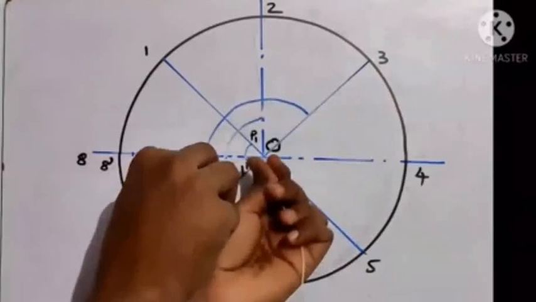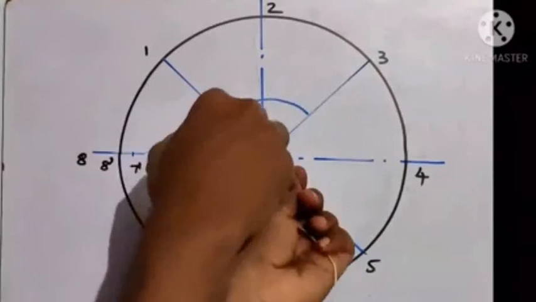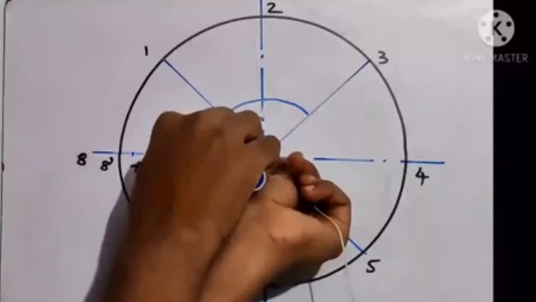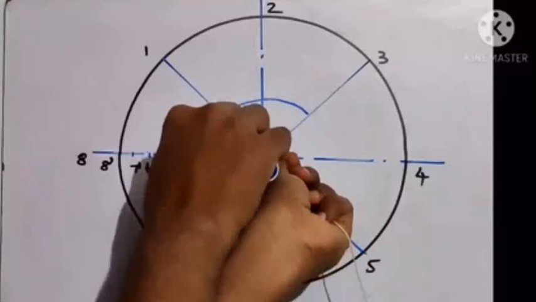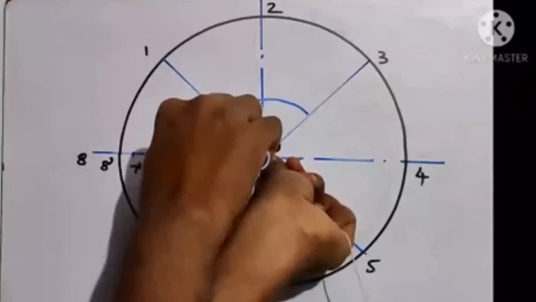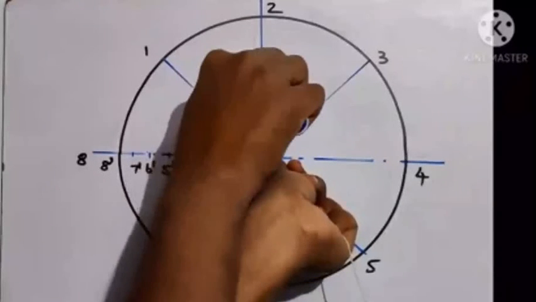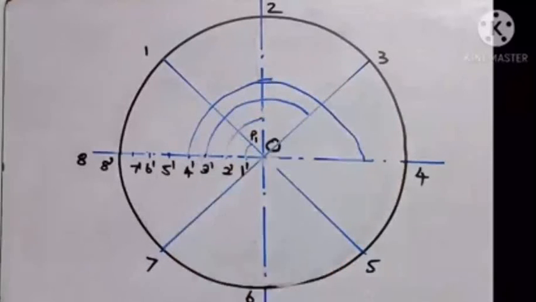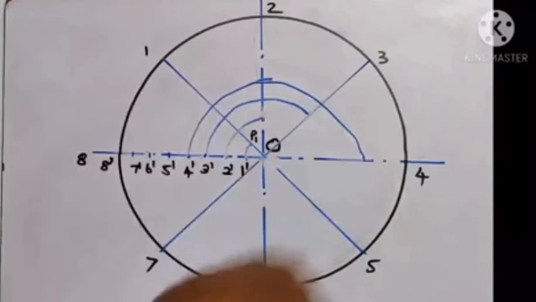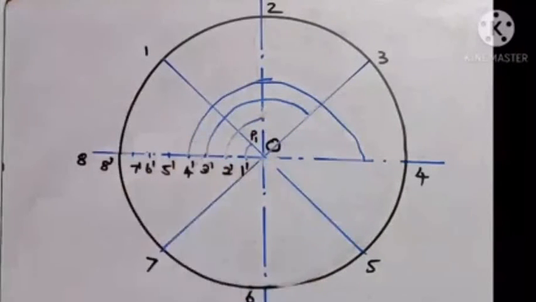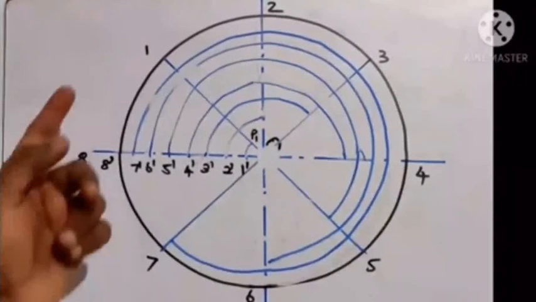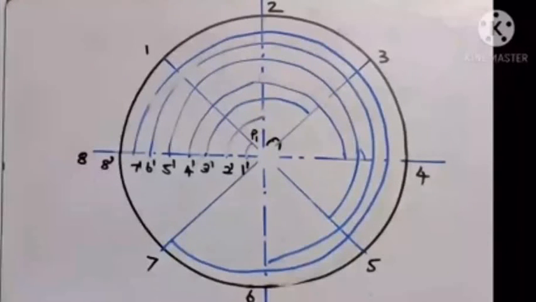Similarly, I take O to 4 dash as the radius and make an arc till the O4 line. Similarly I'm going to do it for the other points. So look at this, I have made all the arcs.